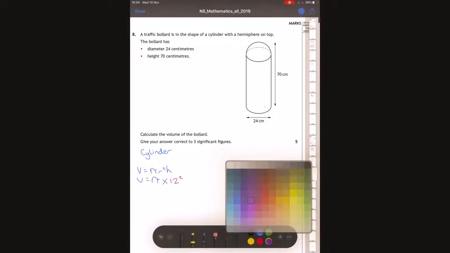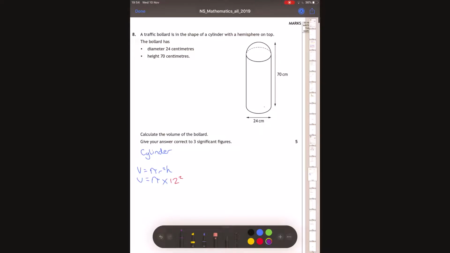So we know that radius is 12 from our previous calculation, but look, this whole thing is 70. So we need to do 70 minus 12, which is 58. So height is 58. Plugging this into my calculator, we get a rather unpleasant number, but we write it down anyway.